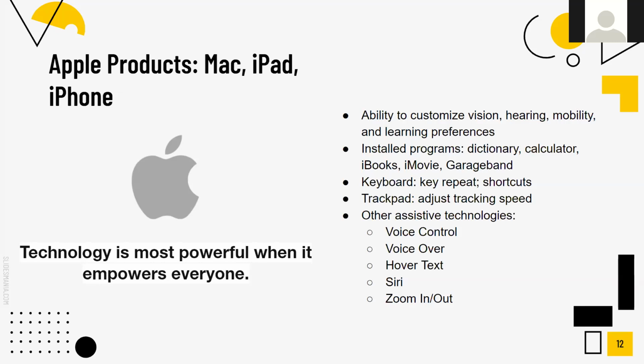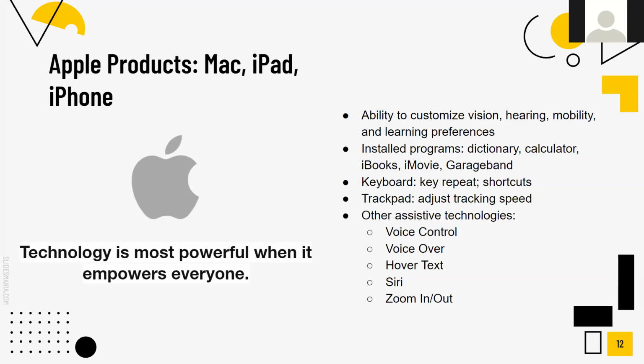Featuring a voiceover, which enables a voice to explain everything happening on your screen, or activating Siri, who can help you find an article on the web, are different ways learners are able to access information easily. Again, these can all be customized in your settings to ensure every user is comfortable with their device.